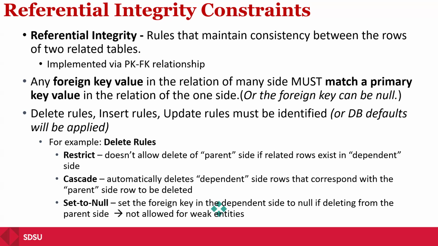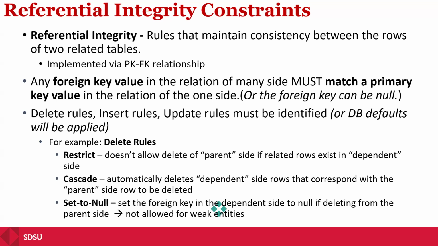Within the referential integrity constraint, we have multiple important parts. A foreign key on the many side of the relationship must match a primary key, or the foreign key can be null. So if there is no match within the primary key table, it can also be set to null. It all depends on the specific rule applied for a certain table, whether we allow foreign keys to be null or not.